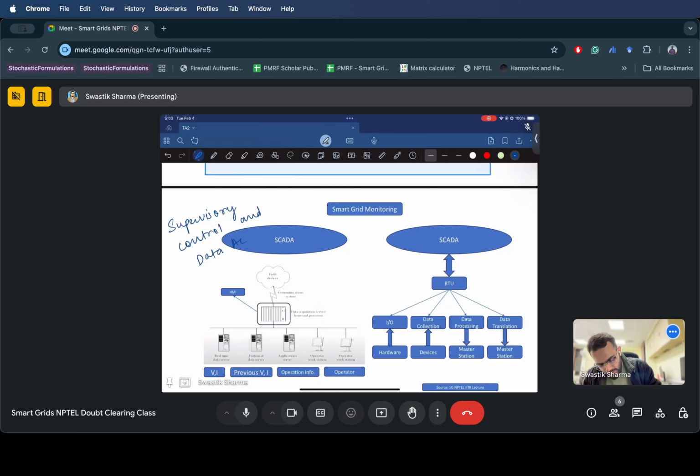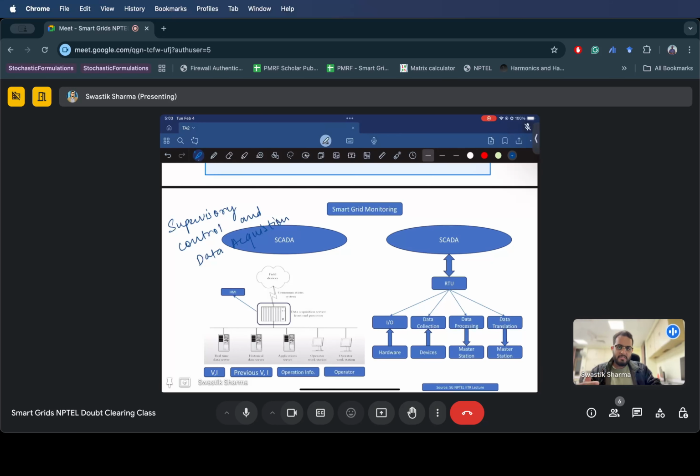Its task is to provide control mechanisms to control the entities at the distribution side. By entities I mean IEDs, your switches, your circuit breakers, and other equipment. And its job is to acquire data.